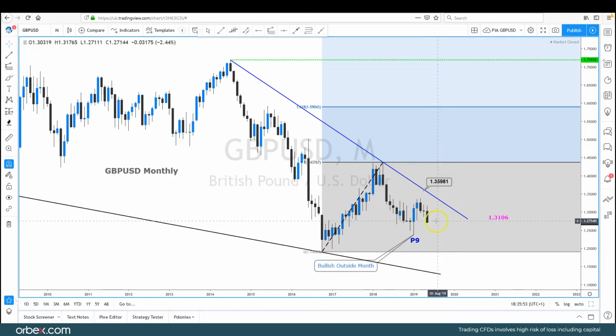To keep this count alive, and we're talking about a DeMark count here, then sterling dollar this month, we've got a few days left. We've got to close this month above 131.06 to keep the count alive. So it's got a bit of work to do if that's going to happen. 131.06 is basically the closing price of this candle, the January candle.